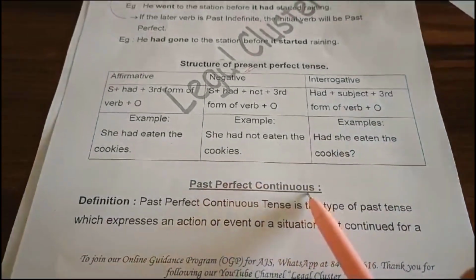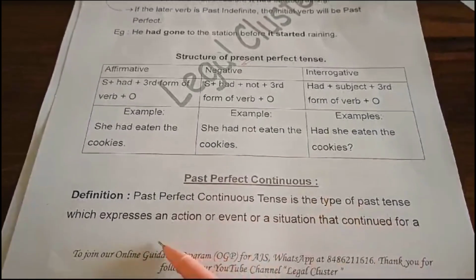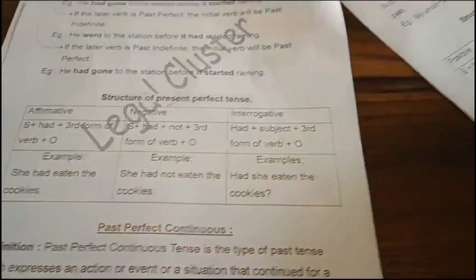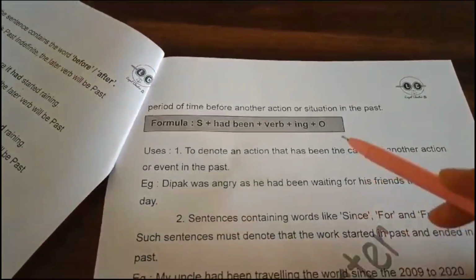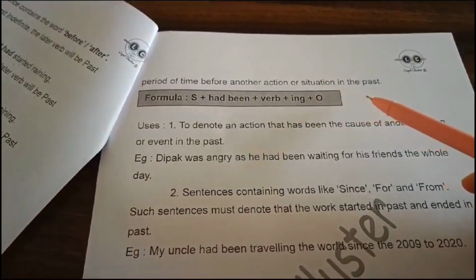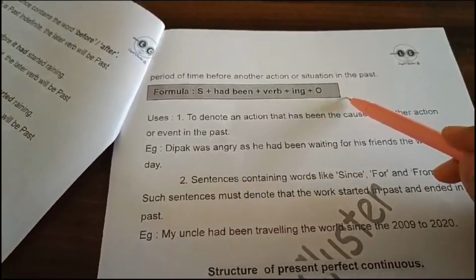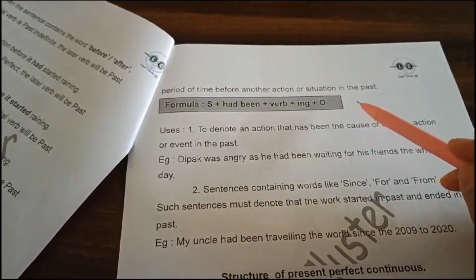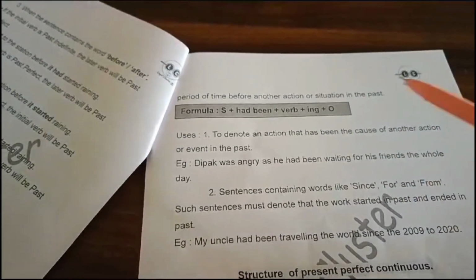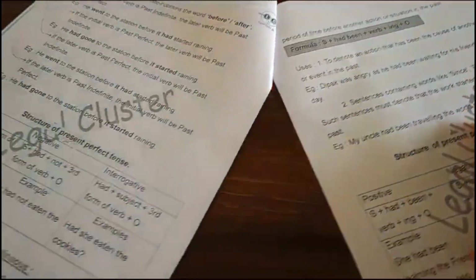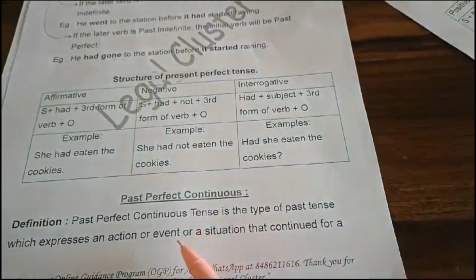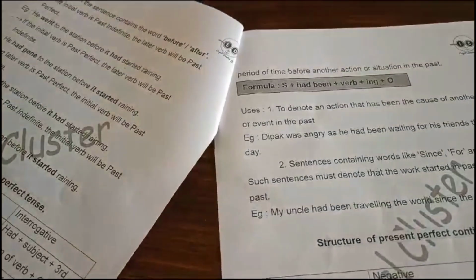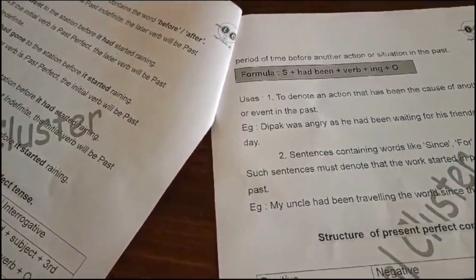Past perfect continuous. This is the type of past tense which expresses an action or event or a situation that continued for a period of time before another action or situation in the past. So here also in past perfect continuous tense, it will be about two events or actions or situations.